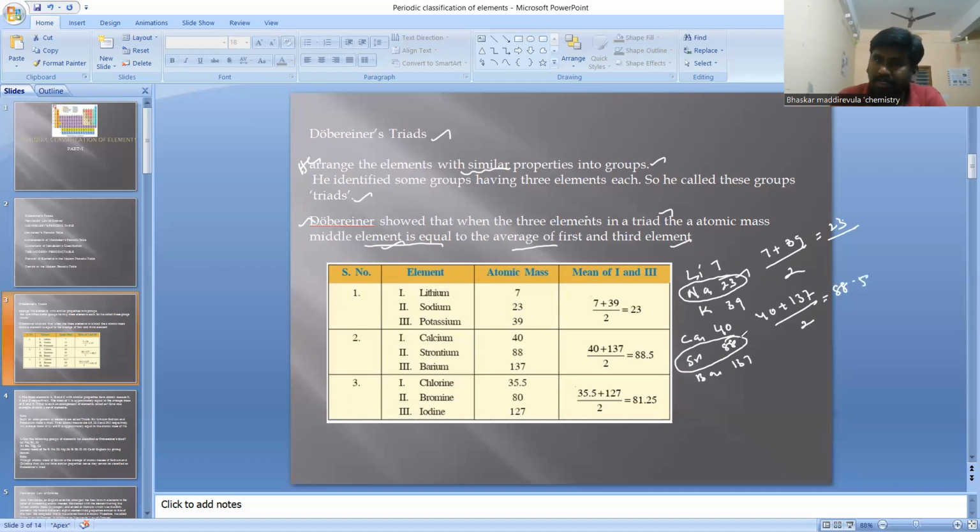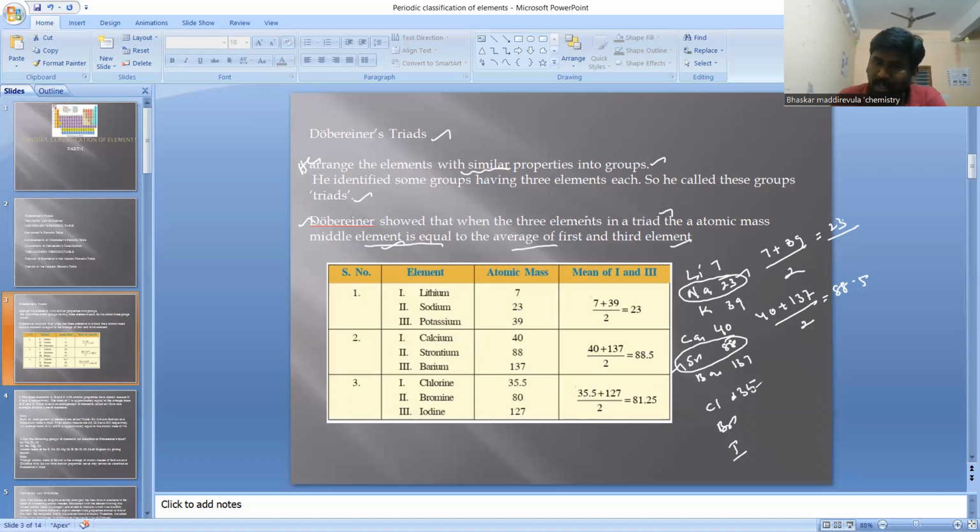So this average equals the atomic mass of the middle element. The third triad is chlorine, bromine, iodine. Here also they are in increasing order of atomic mass.